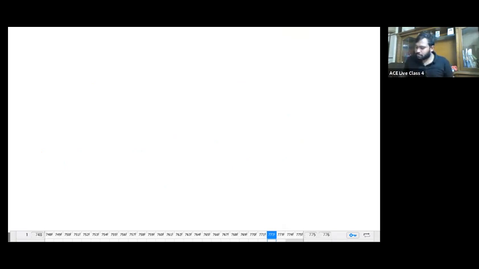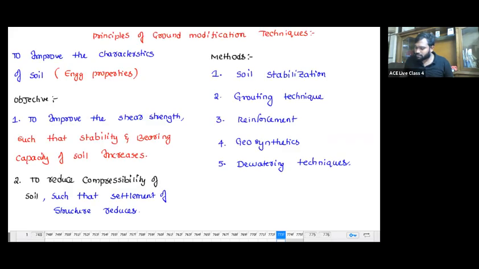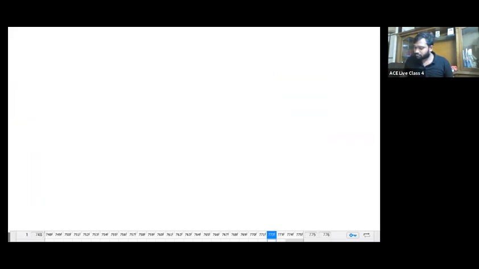So now let's see what this is. Soil stabilization. In that, mechanical stabilization.